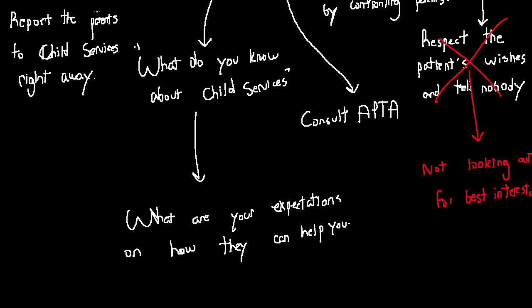Now this over here, report the parents to child services. I'm going to cross this off. And the reason I'm crossing it off is you are not respecting the patient's wishes. Not only are you doing that, you're still going to be arriving at this. You will indirectly arrive at reporting this to child services.